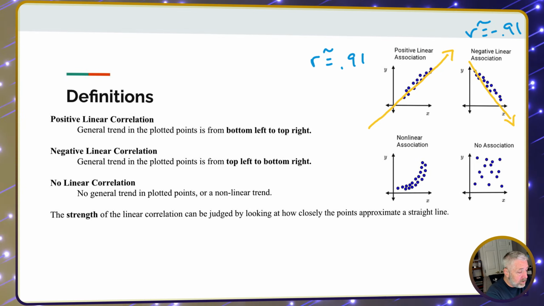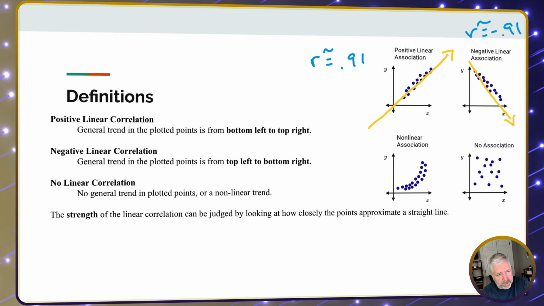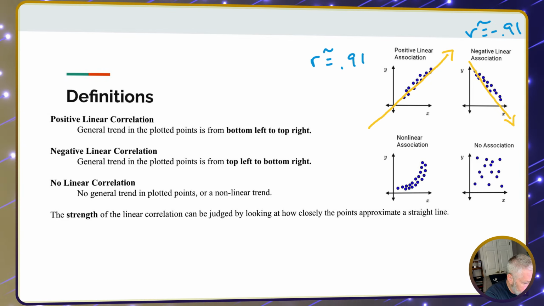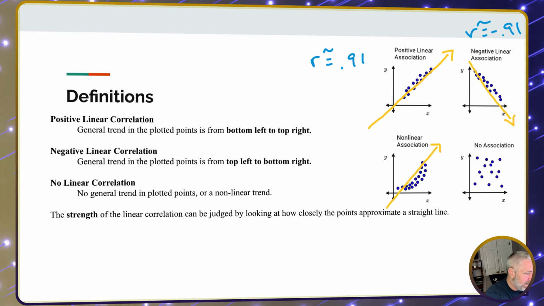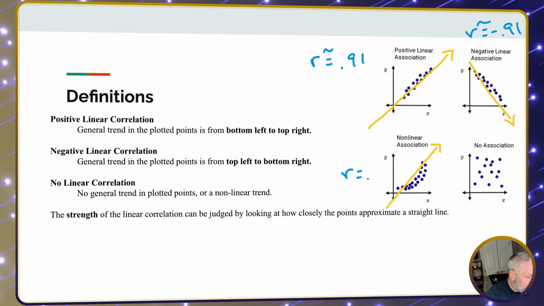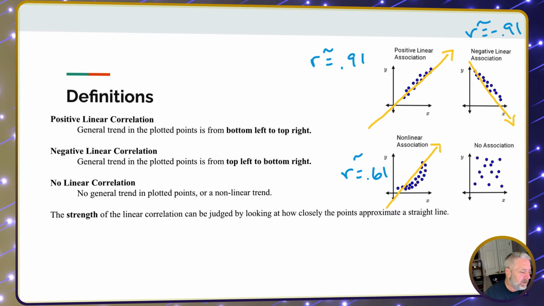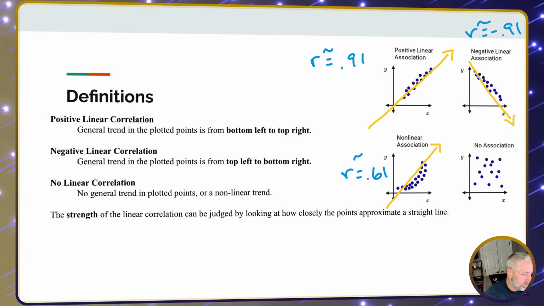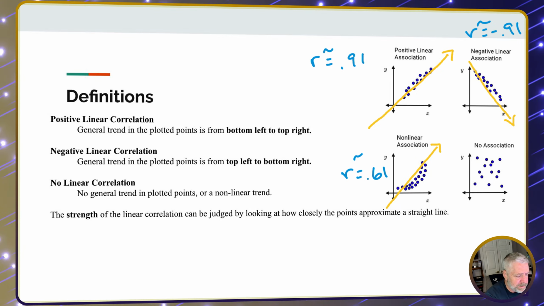Now, I can do a linear correlation with this apparently nonlinear association, but it's going to look something like that, right? And I'm going to say that my correlation coefficient is not drastically horrible, but I'm going to say it's about 0.61. Again, I'm just making a rough estimate. I don't have any data necessarily for this particular picture that I've got up here. And then on this last one, there's no association.